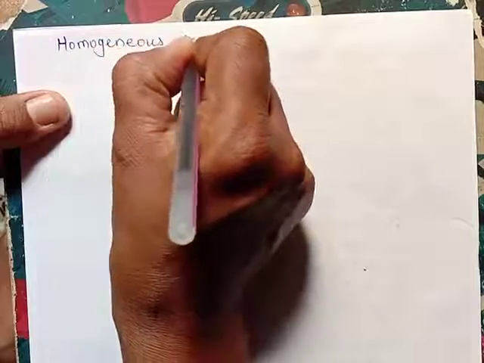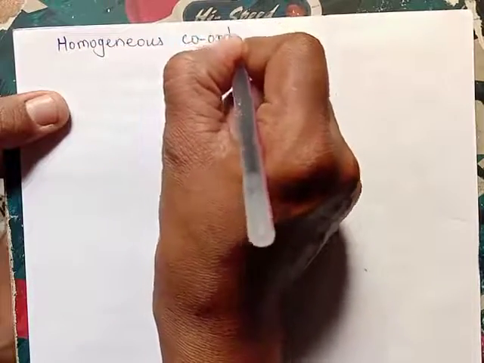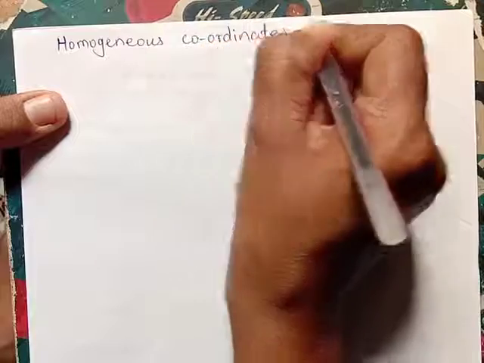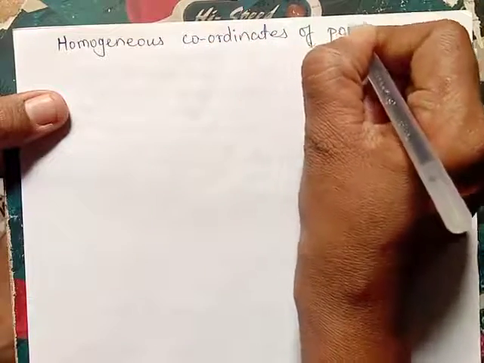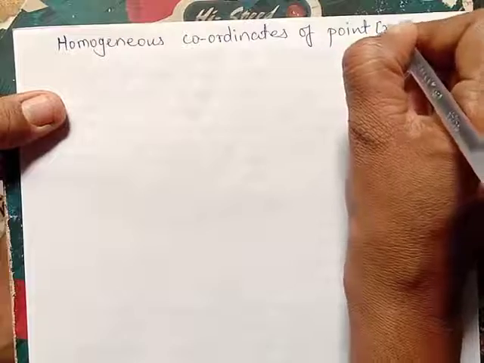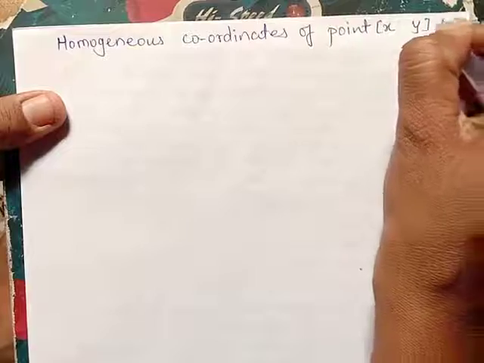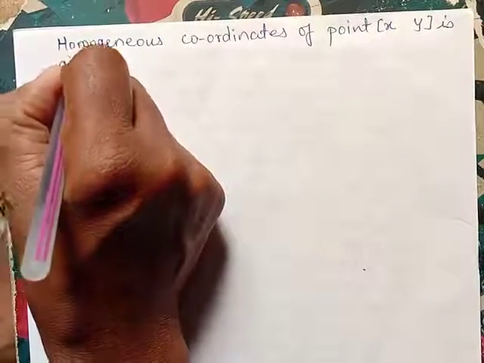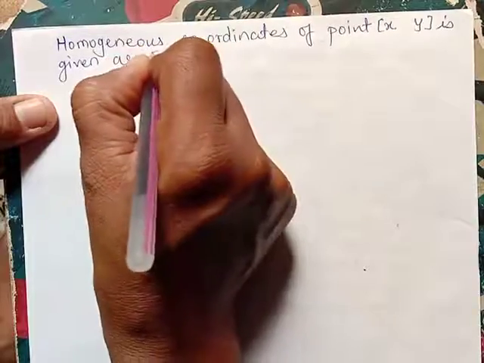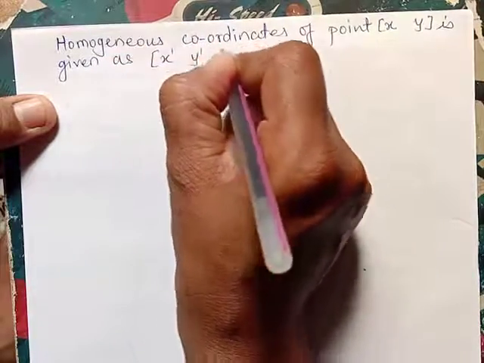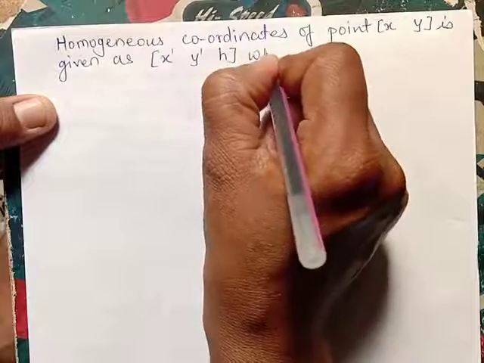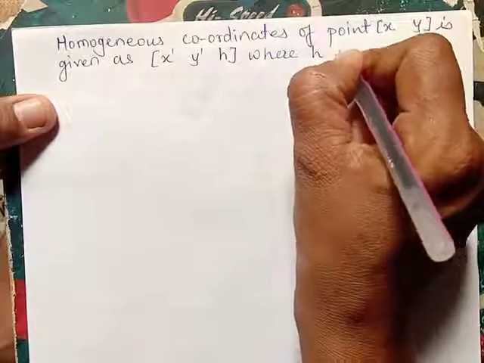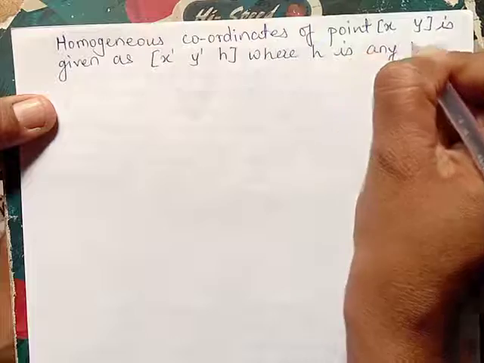Homogeneous coordinates of a point xy are given as x dash, y dash, h, where h is any real number.